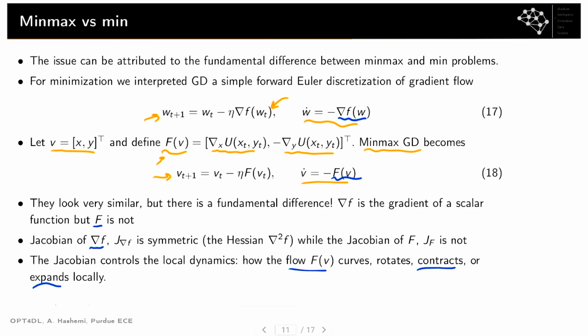For instance, when I have a very nice function that is strongly convex and smooth, I can think of that flow as contracting. Wherever I start in the space, I'm going to contract and go to the solution, the equilibrium. Whereas in the general case where capital F's Jacobian is not symmetric, I may actually rotate and never reach the equilibrium.